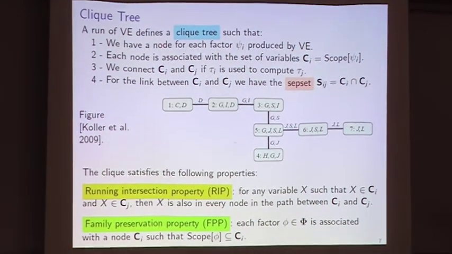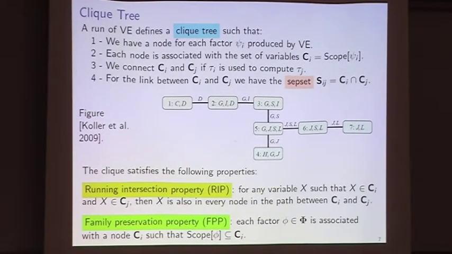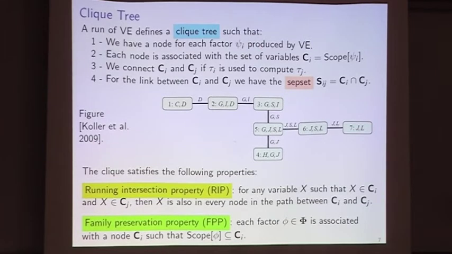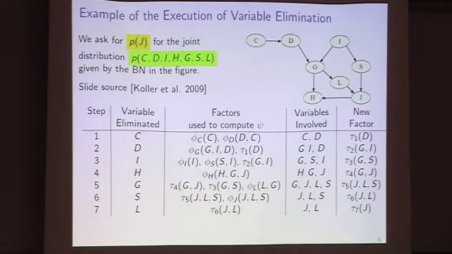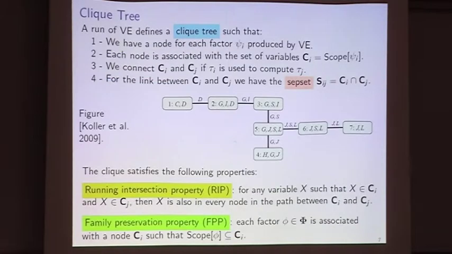We will have a node for each of the factors produced by variable elimination, these factors psi i. In this case, we were producing 7 factors, psi i, one for each variable that we were eliminating. So in the clique tree, we are going to have 7 nodes, one for each of these factors, psi i.